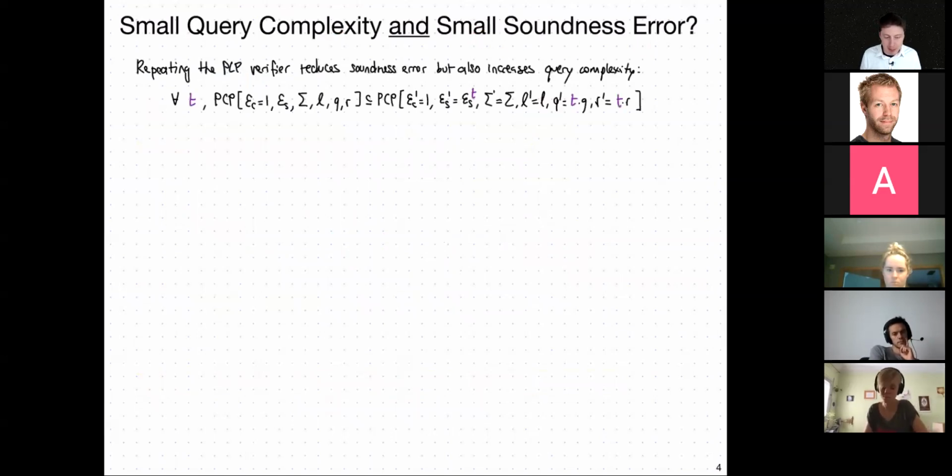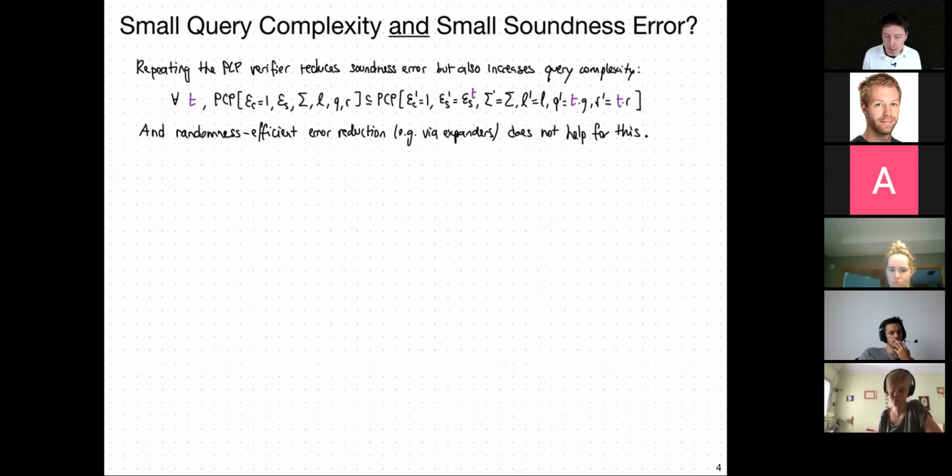Now, notice here that the difficulty is that if you just take the PCP verifier and you run it multiple times, yes, you are reducing the soundness error exponentially, but you're also increasing the query complexity and randomness correspondingly, right? So just running the verifier multiple times is not really answering this question, right? So you want to look for ways to do that without increasing query complexity.